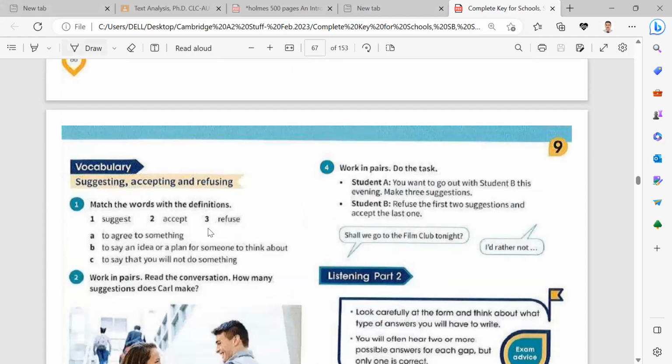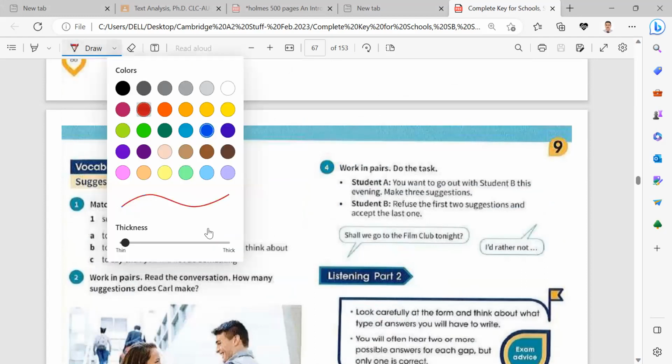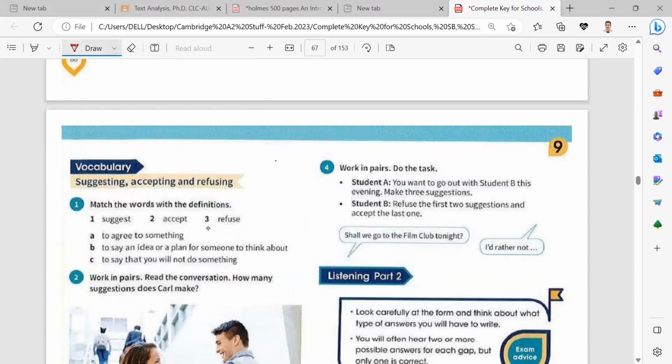Here, as you see, can you see my screen? Yes. Here we have suggesting, accepting, refusing. Sarah, imagine you have a close friend, and she is going to have a birthday party soon, maybe next weekend.